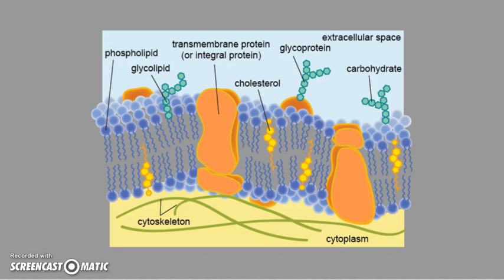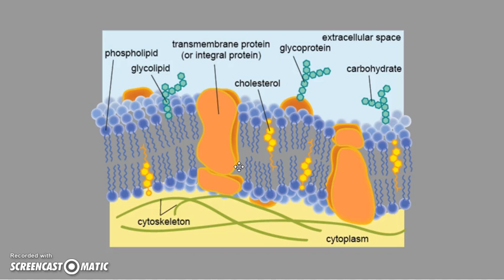Now we have a few other things. We have proteins, which are going to help things come in and out of the cell. We have cholesterol, which is going to help the whole plasma membrane with its structure.